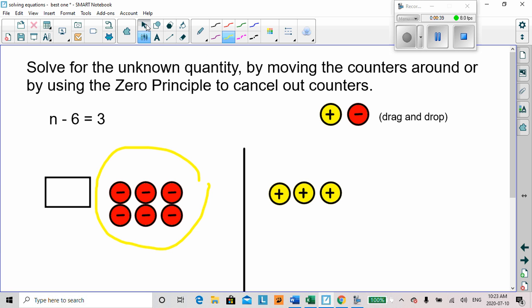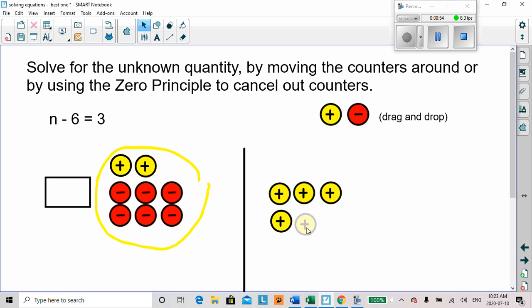So what I have to do is take a +1 for every one of the red ones. And every time I put a plus on this side, I have to put a plus on the other side. So I put another plus to go with that one, and I put a plus on this side. I put a plus on the right.